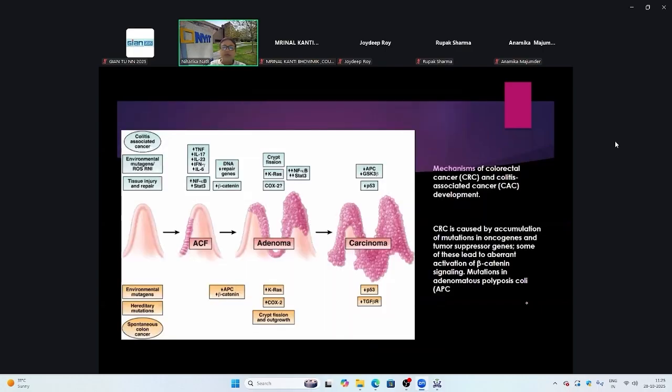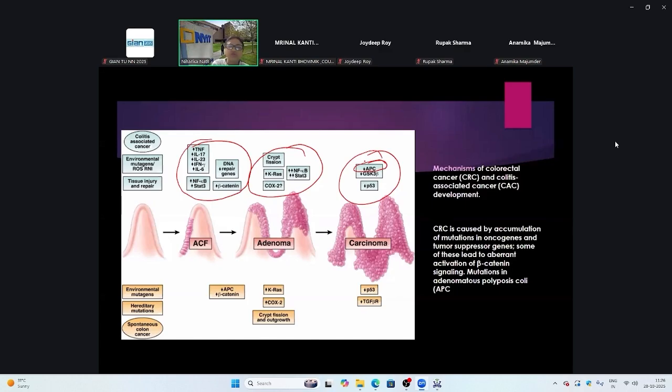In case you didn't understand this, it's the same thing, but now I'm going to introduce another word. Look at all the genes that have to be activated, and all the different proteins here. Let's not get into that, but you do understand that APC is not doing its function.